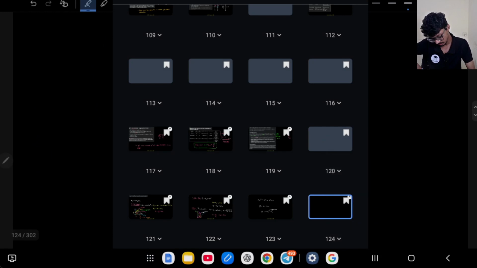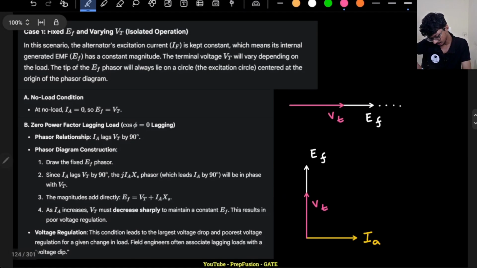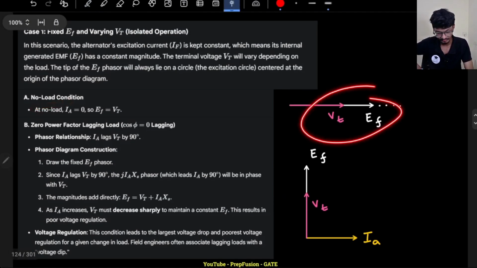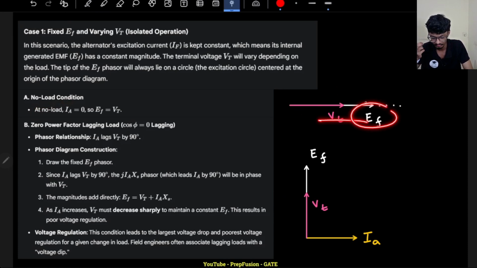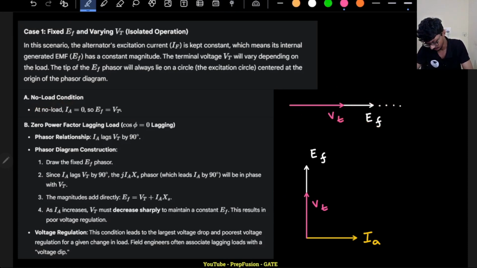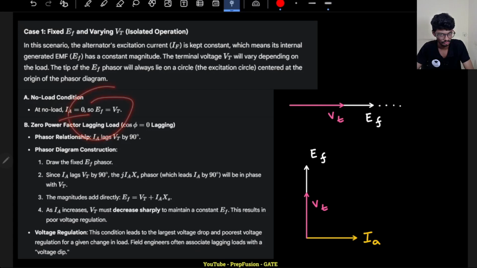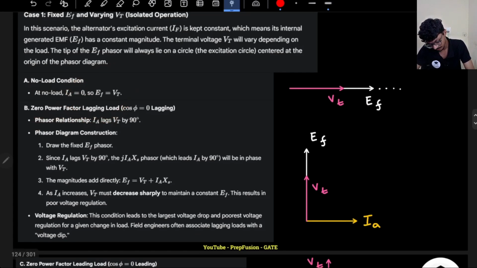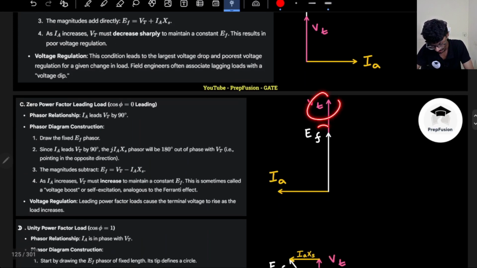Same thing, right? If it is at no load, then Vt and Ef will be along the same direction, like basically Vt will be equal to Ef. If Ia is 0, Vt is equal to Ef, correct? Zero power factor lagging basically means your Vt will be lower than Ef, and for leading, Vt will be higher than Ef, okay?